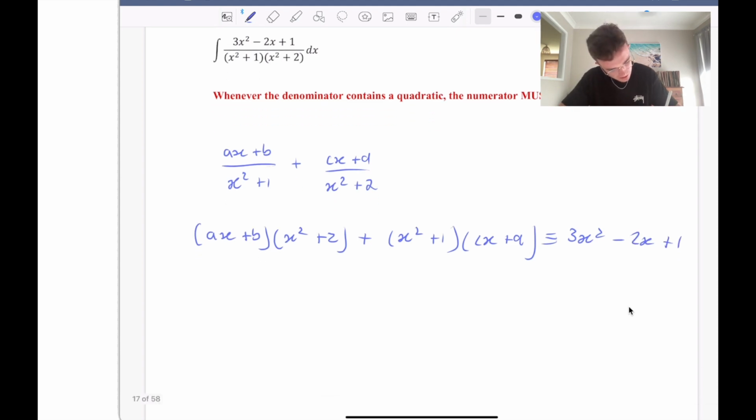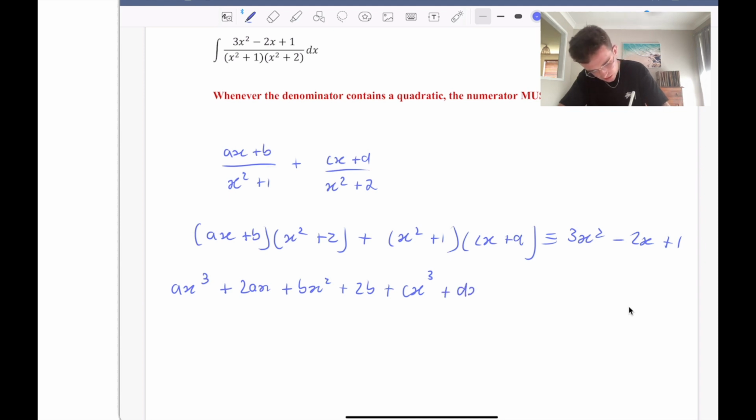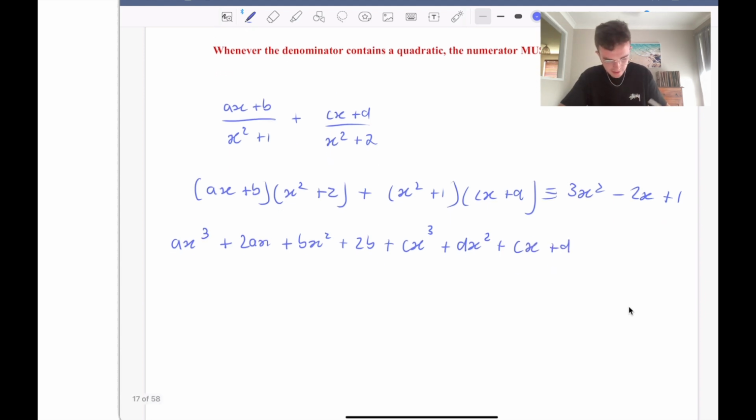Now if we expand this, ax³ + 2ax + bx² + 2b + x²... cx³ + dx² + cx + d, and that's congruent to the same thing.